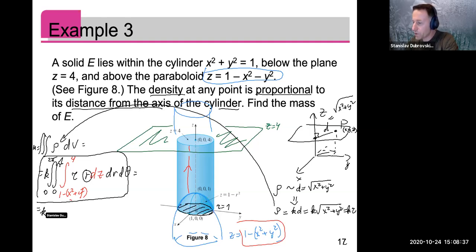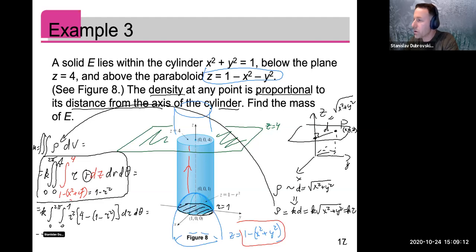First, integration with respect to z will give us just, because r squared is a constant, we can take it outside. Integration with respect to z will give us z evaluated at the top. We'll get 4. At the bottom, we'll get 1 minus r squared, because that was 1 minus r squared. So that's the first integral. After that, we do integration with respect to r, and then with respect to theta.